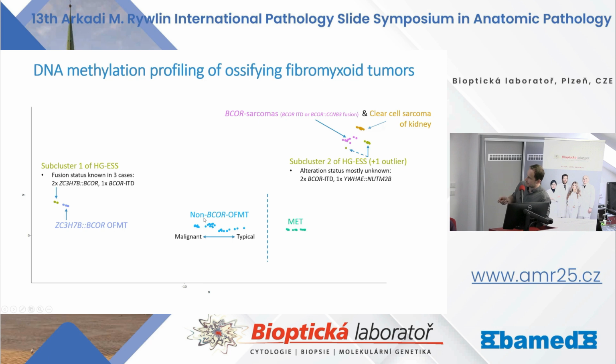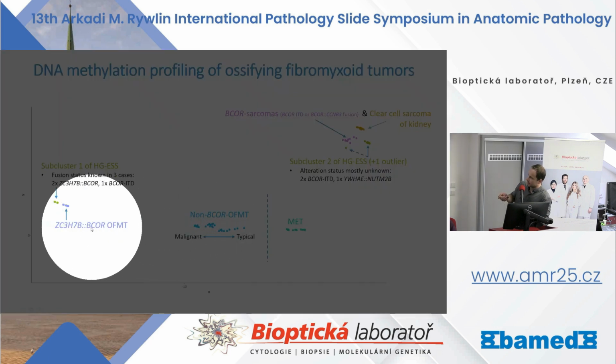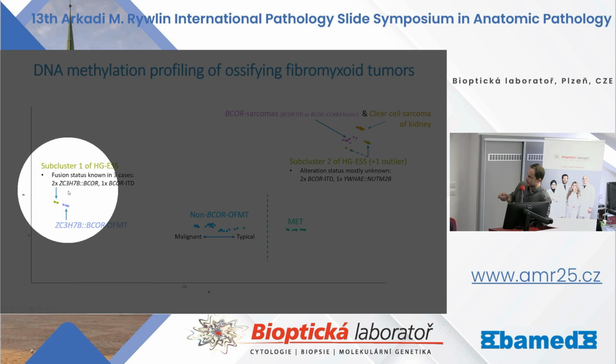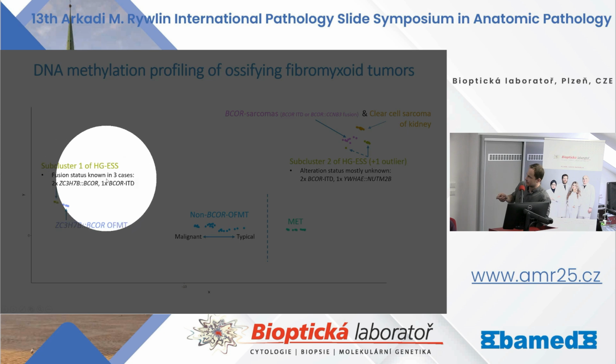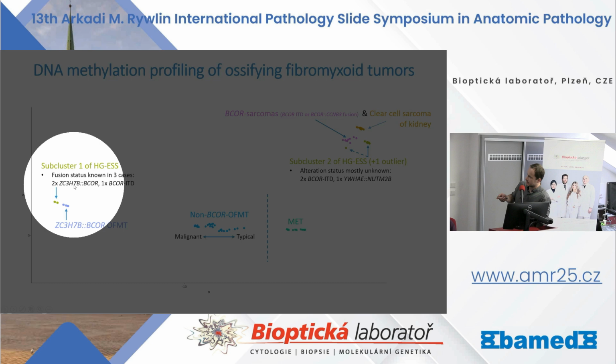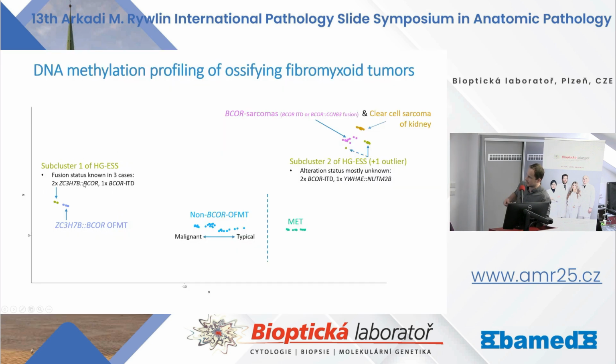But what was most interesting here for us, the so-called OFMTs with the B-core fusion clustered completely separately with high-grade endometrial stromal sarcomas, which can have the same fusion, or, well, there was one case with B-core internal tandem duplication. Of course, just 3 cases were included here, so we are looking for more cases, and we are getting more cases from Italy for a better definition of this cluster.